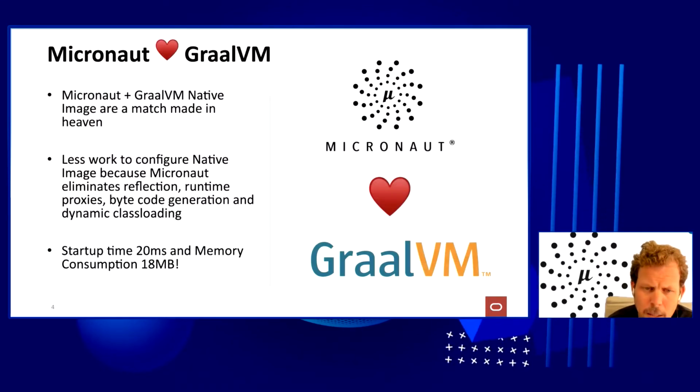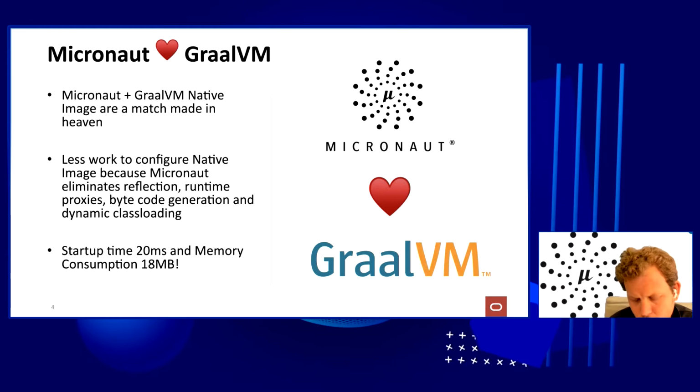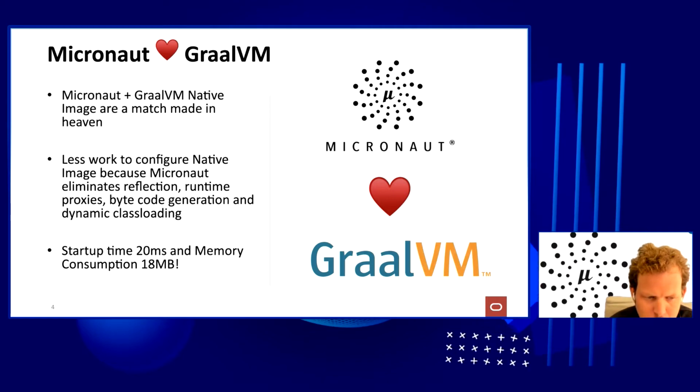So like I said, Micronaut and GraalVM have a close relationship. And the reason for that is the way Micronaut works. Micronaut at compilation time eliminates the use of reflection, runtime generated proxies, bytecode generation, and dynamic class loading by analyzing your application at build time and producing essentially an application that doesn't use any of those features.